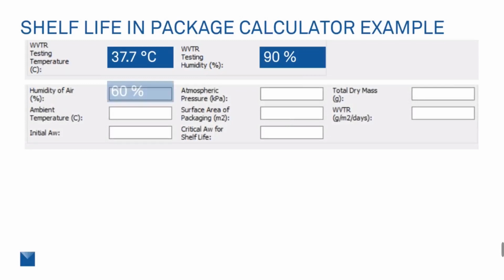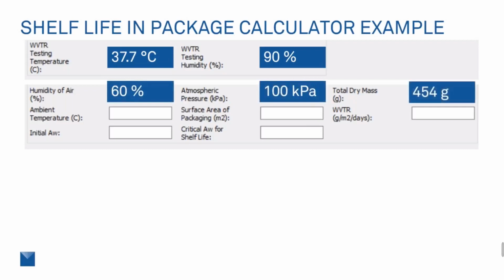Let's say in this example you placed your product somewhere with 60% humidity, 100 kilopascal for your pressure. Let's say that you have 1 pound of your product, so 454 grams. Let's say you take that product, you place it somewhere that's 30 degrees Celsius.